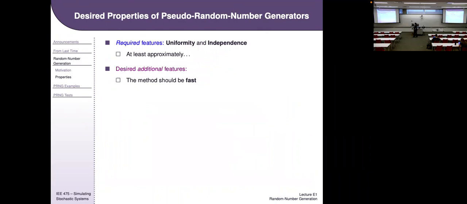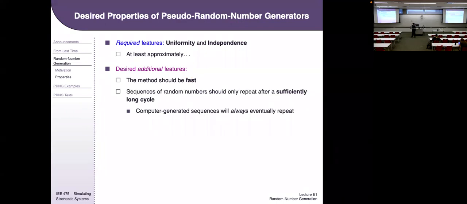So what we would like is something that is not only approximately uniform and independent, but also fast and easy to calculate without being connected to the internet. It should generate sequences of random numbers that may repeat, but only after very, very long cycles.